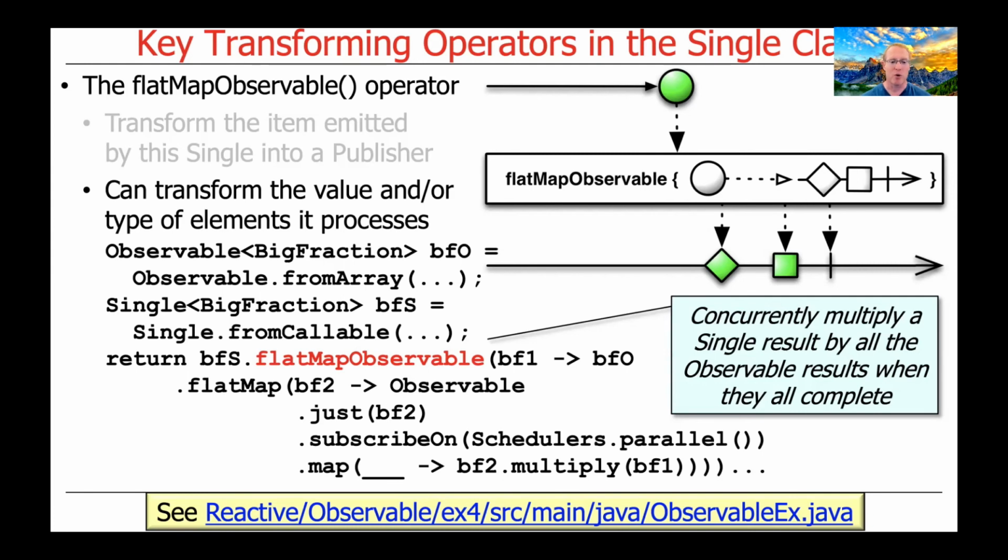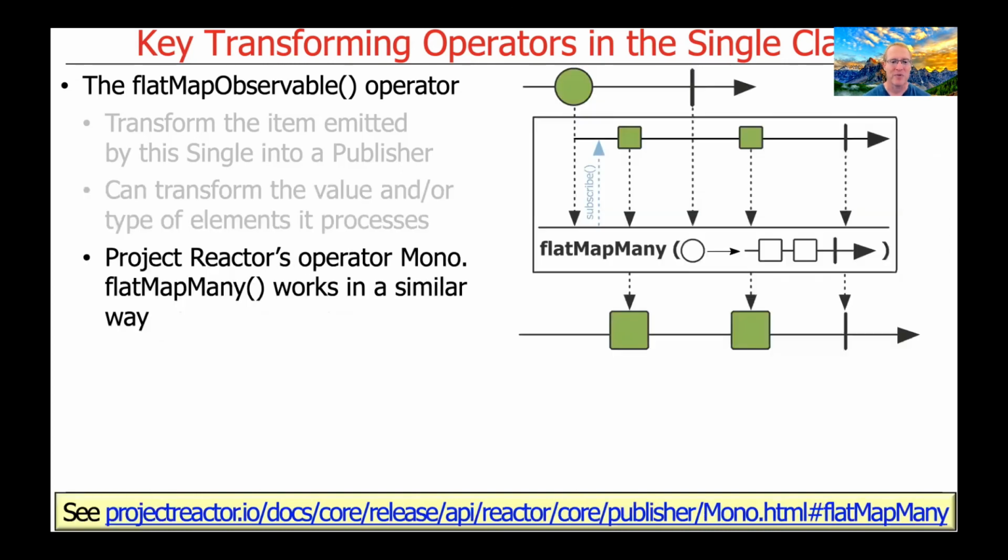So what we end up with when we're all done is essentially an Observable that contains the results of multiplying the result of the Single by all the results of the original set of Observables that came back from the array. So a very powerful way of going from one to many, if you will.